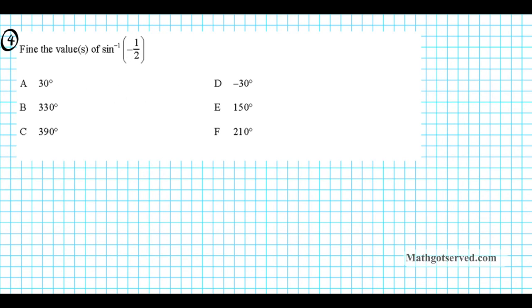So if we say some angle theta is equal to the inverse sine of negative 1/2, what does that mean? This follows that if I take the sine of both sides, I'll have sine of theta is equal to sine of the inverse sine of negative 1/2.